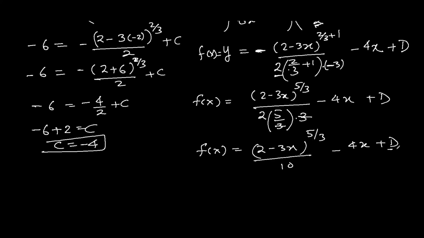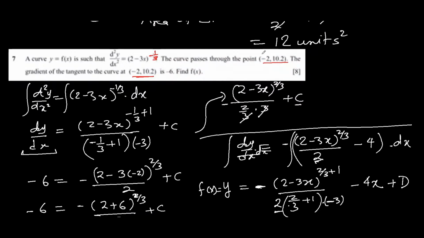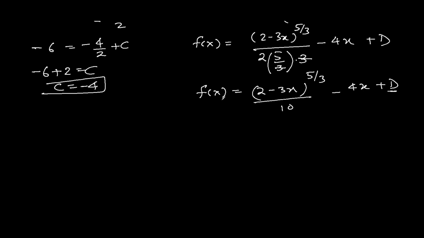Okay, now we have to find d, and we know a condition here that this is the point, minus 2, 10.2. That means y is 10.2 when x is minus 2 and y is nothing but f(x). So 10.2 equal to 2 minus 3 times minus 2 again to the power 5/3 over 10 minus 4 times minus 2 plus d.